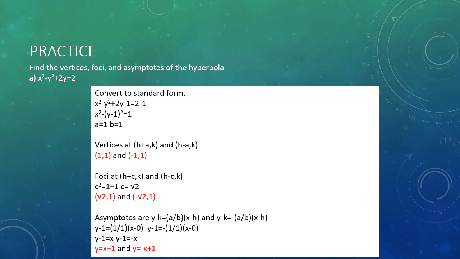So now let's do a practice problem. Let's find the vertices, foci, and asymptotes given x minus y.